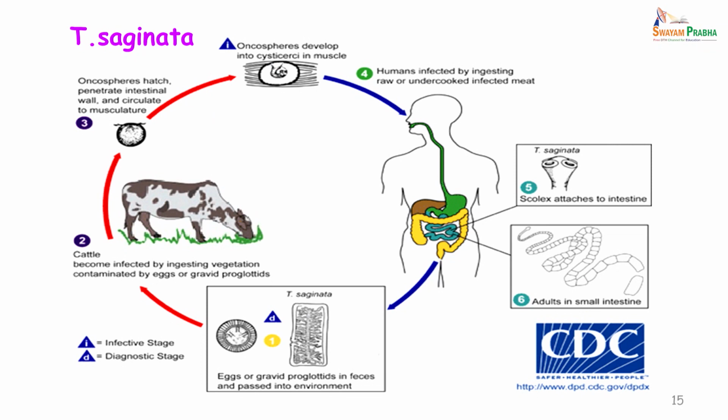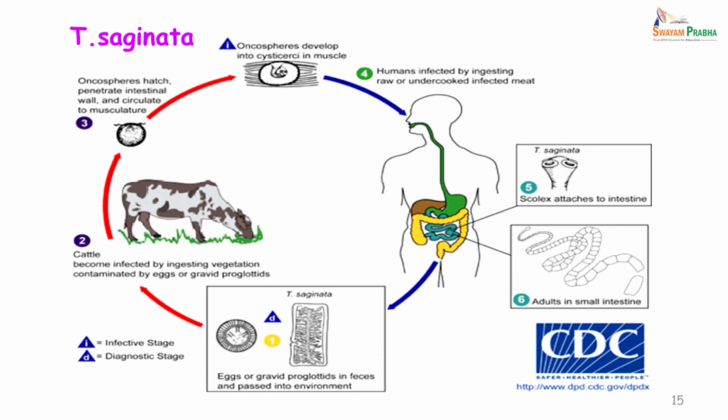Now, as the segments start becoming mature, the gravid segments at times will separate from the body and will be passed out in the feces. So, either the gravid segment singly in the case of Taenia saginata, or the eggs are passed out in the feces of man.